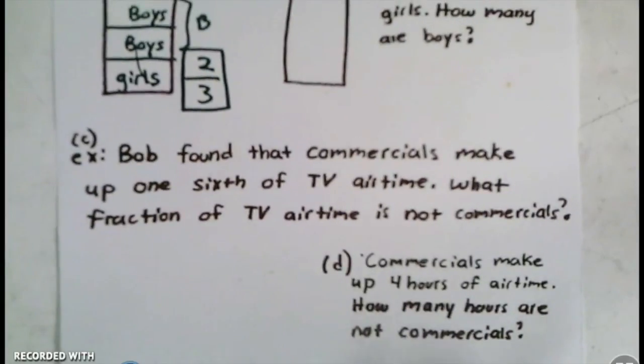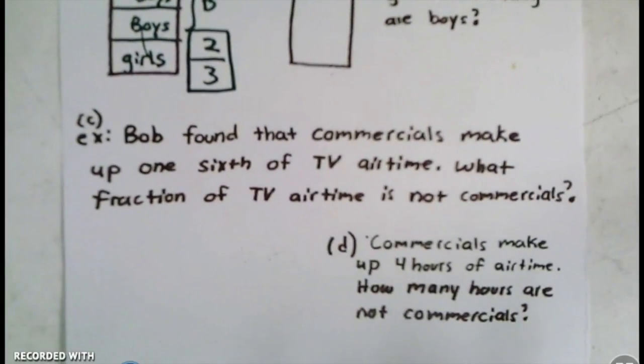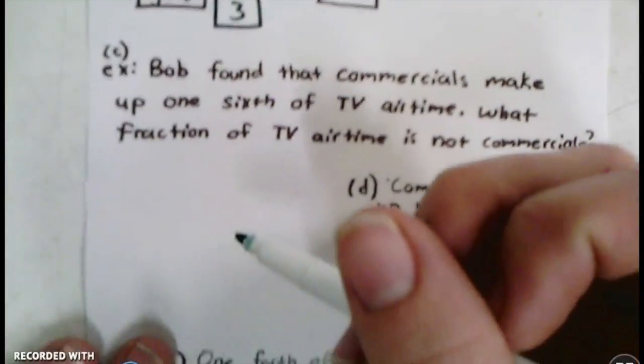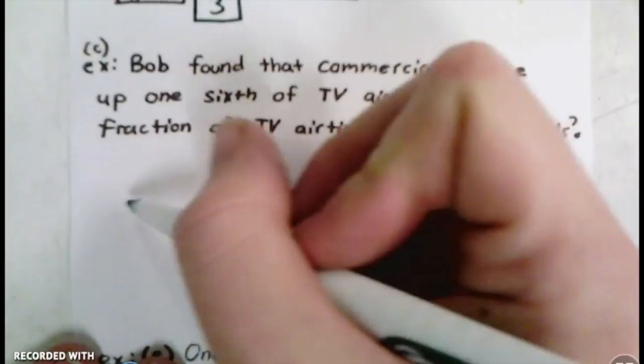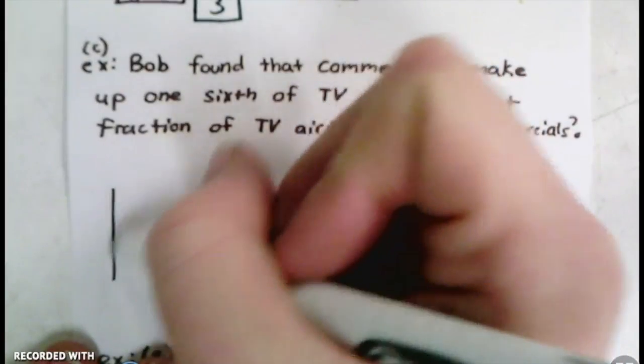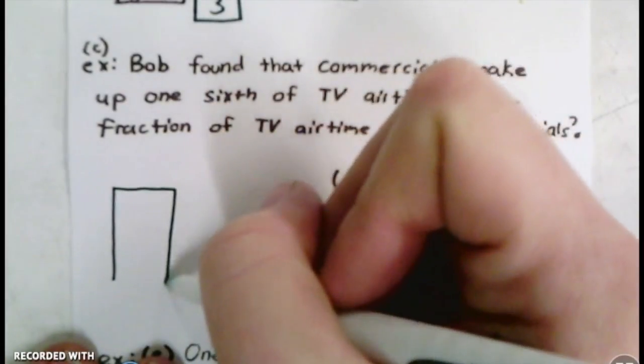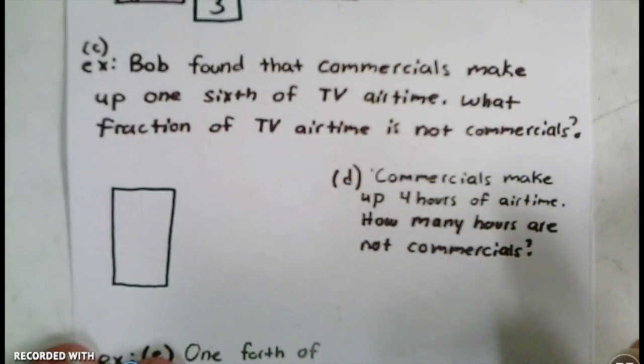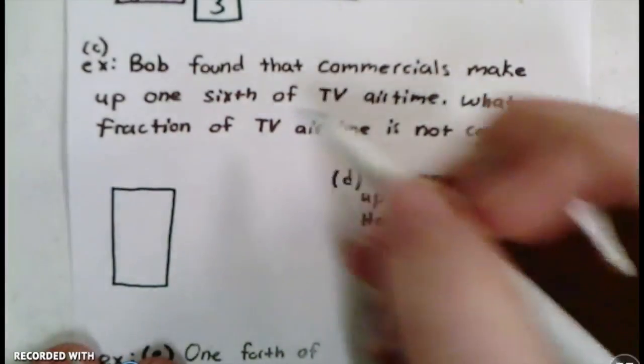Here's example C, same type of thing. Bob found that commercials make up 1/6 of TV airtime. What fraction of TV airtime is not commercials? All right, so my first step is to draw a rectangle and label the whole, which is airtime.